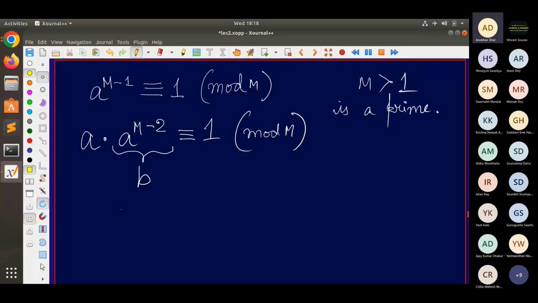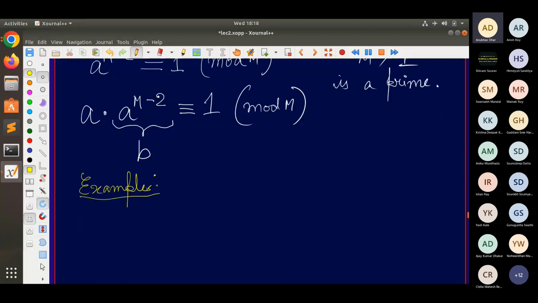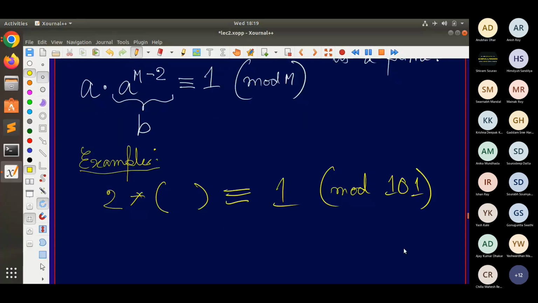Okay, so let's do some examples of this that would make this clear. Can someone tell me what is the modular inverse of 2, let's say, modulo 101? Anyone? 51. So you didn't actually compute 2 to the power 99 for this, right?